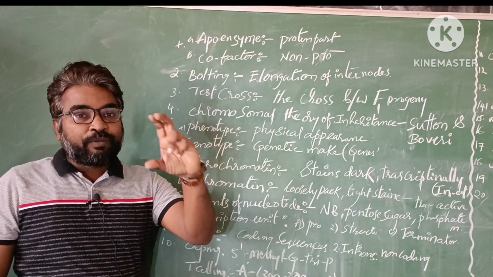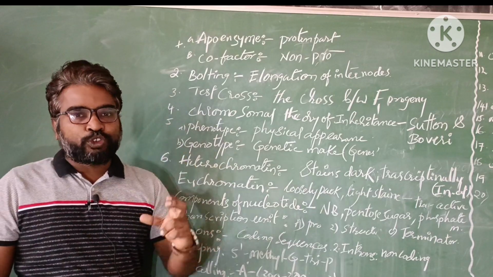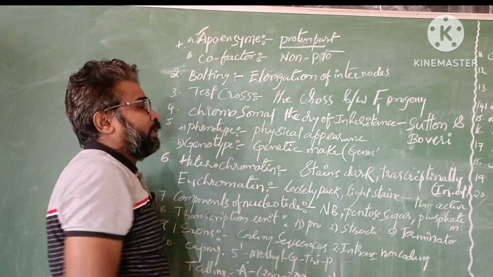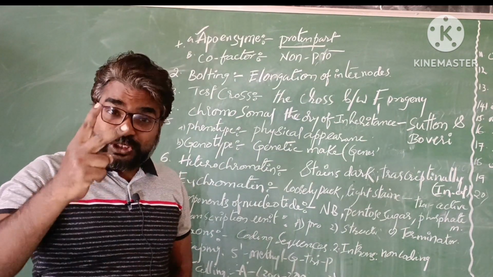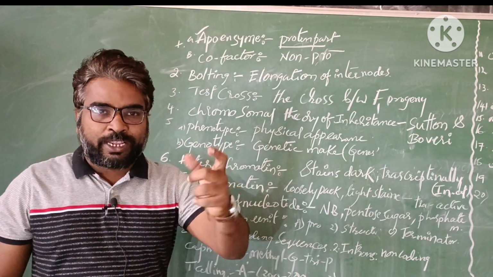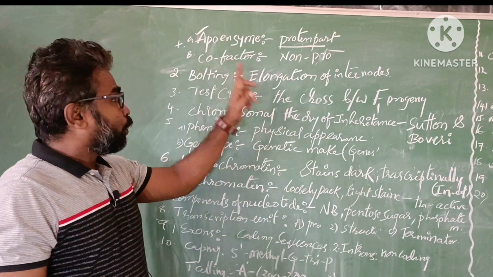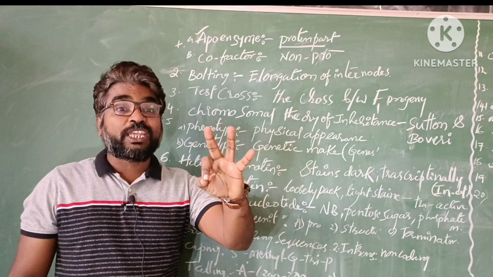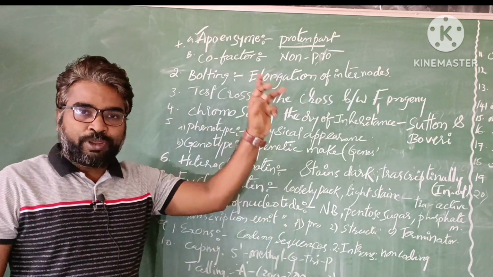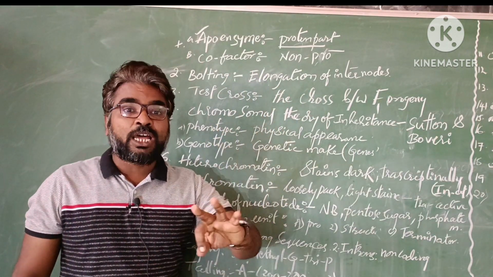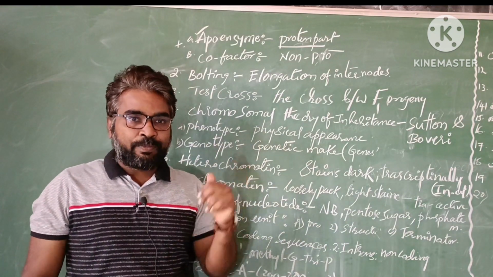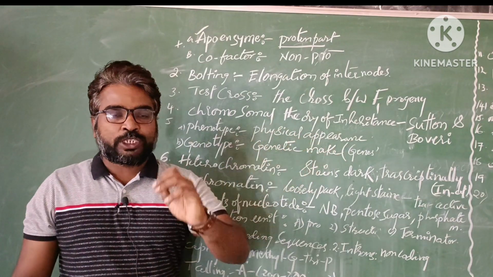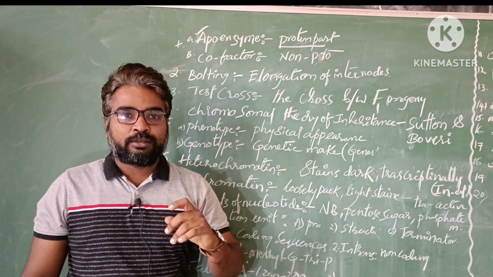The protein part of the enzyme we call the apoenzyme. So an enzyme consists of two parts: number one is apoenzyme, the second one is cofactor. Apoenzyme means the protein part, and the non-protein part we call a cofactor. They may ask, define the apoenzyme and a cofactor.